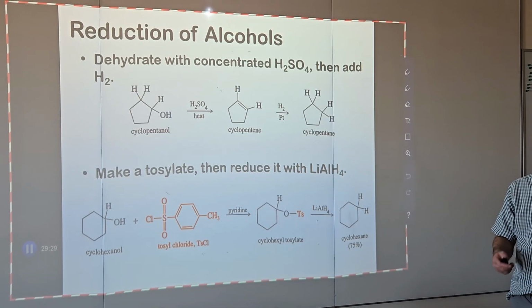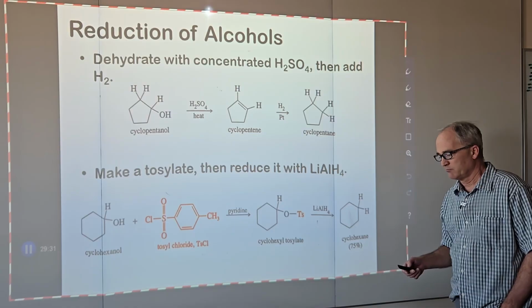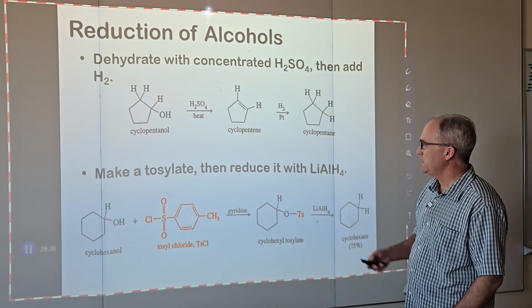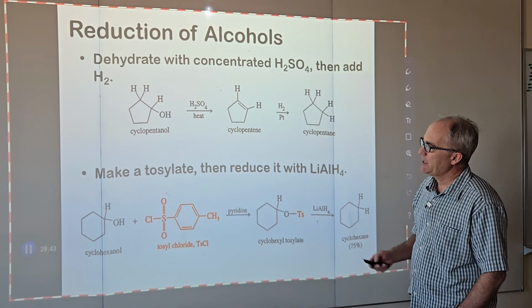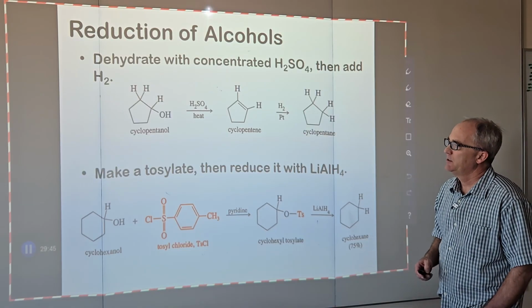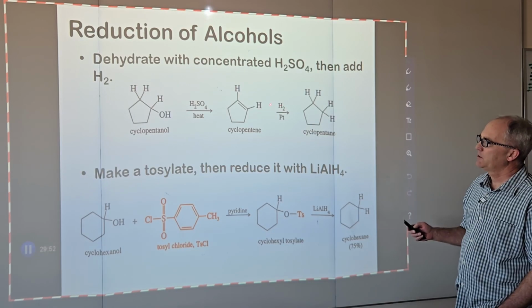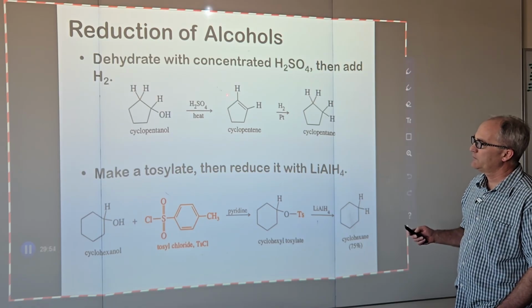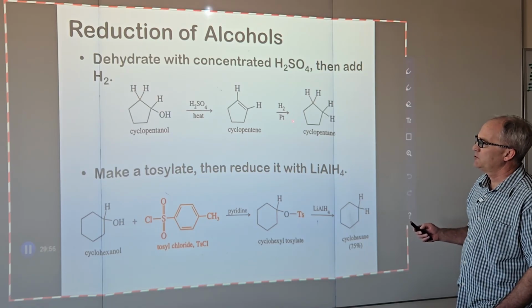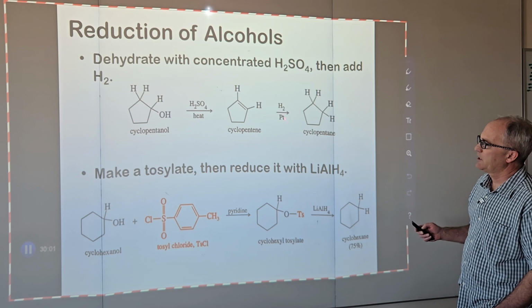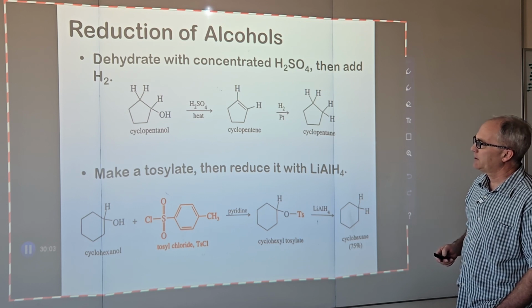So different ways to reduce an alcohol. So it has to go to the alkene. So here we see acid catalyzed dehydration of an alcohol to an alkene, and then we can do catalytic reduction of the double bond, pressurized hydrogen gas, and a platinum or palladium catalyst.